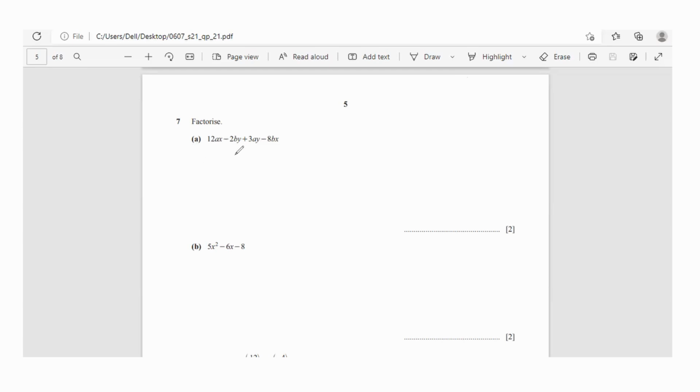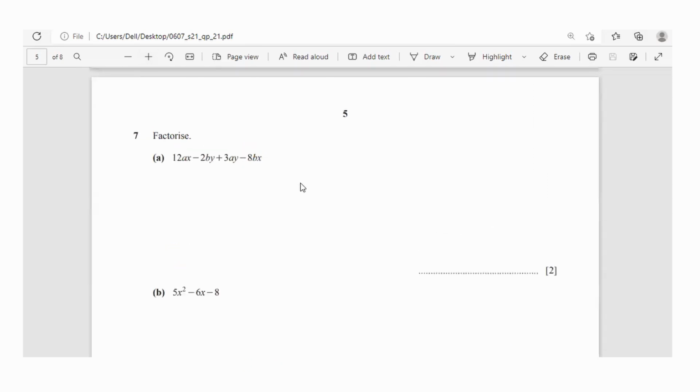Okay, let's do it. So this is not a quadratic expression, first of all, that you should identify. I have 12ax minus 2by plus 3ay minus 8bx. Is this clear, or should I zoom in? So here I have nothing in common for all four.